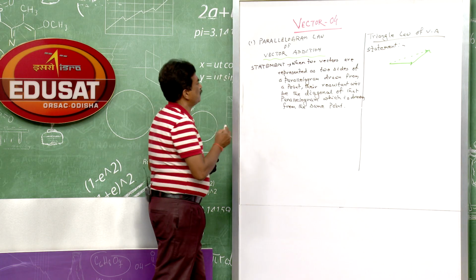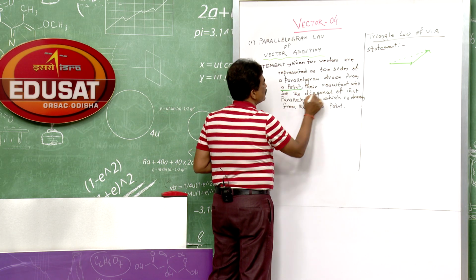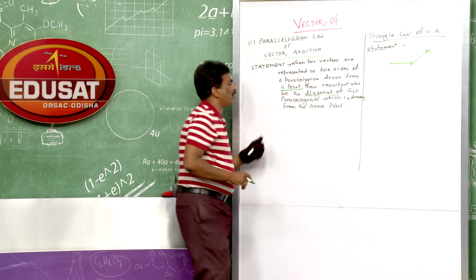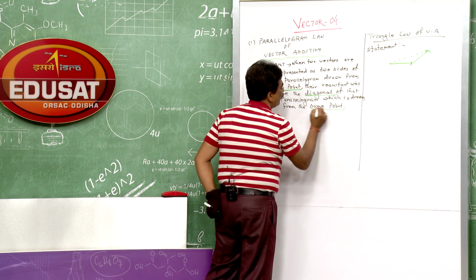So when two vectors are drawn from a point, the resultant will be the diagonal of that parallelogram which is drawn from the same point.